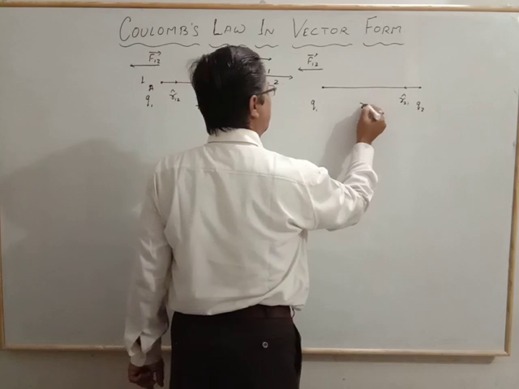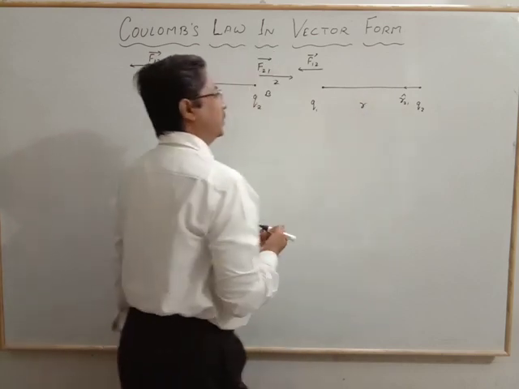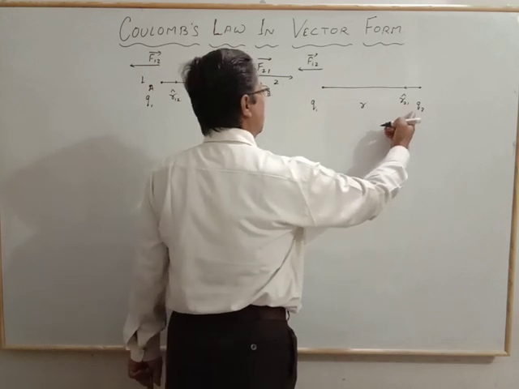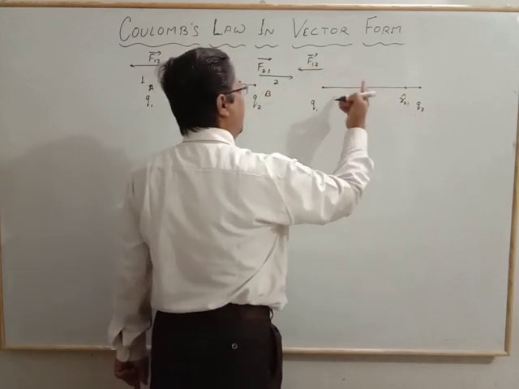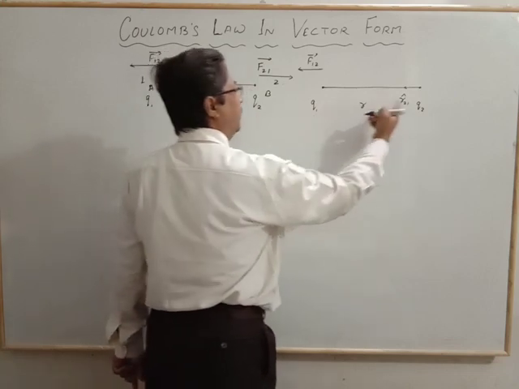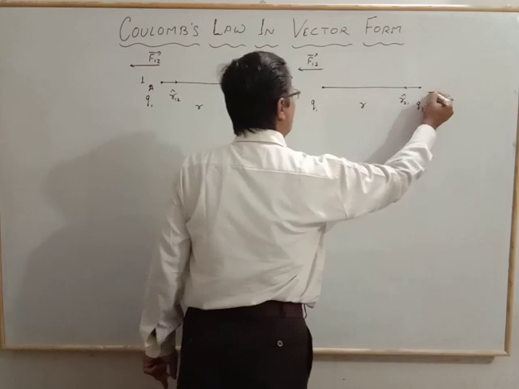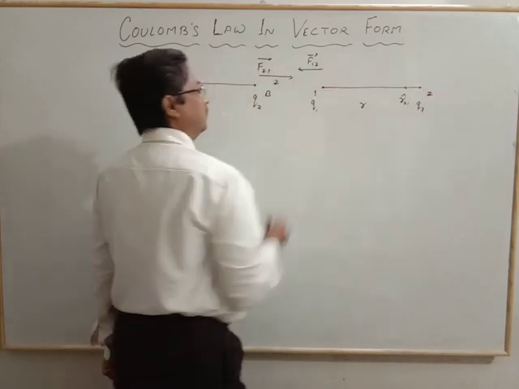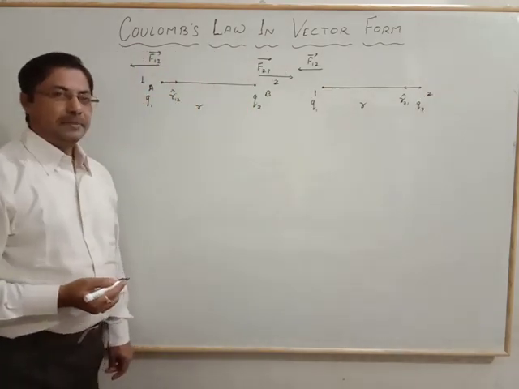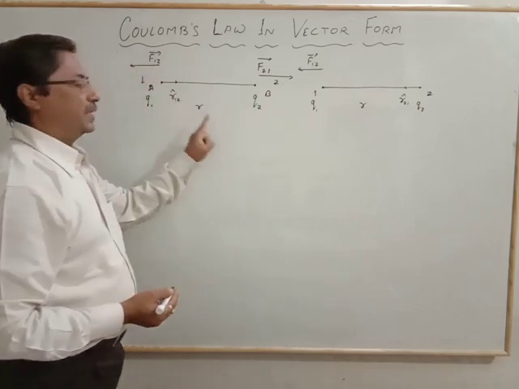For the same distance, the magnitude is r, and here we see that the force F12 has its tendency from Q2 to Q1, along the unit vector from 2 to 1. This is the arrangement, and by this arrangement we come to know that the force has a direction.